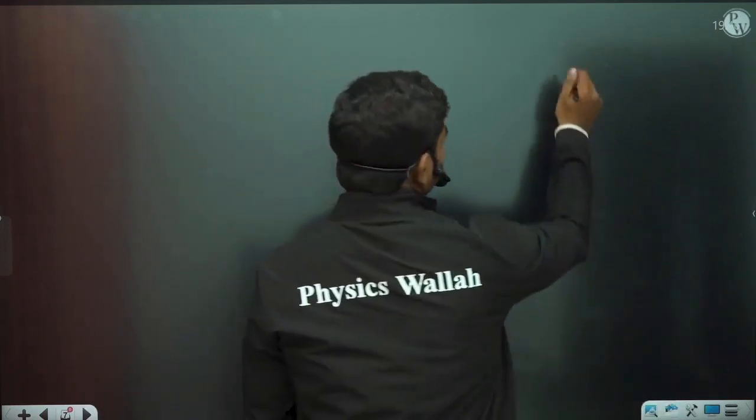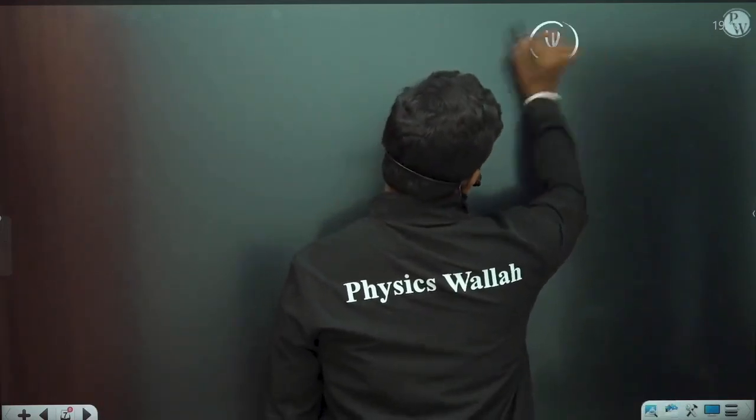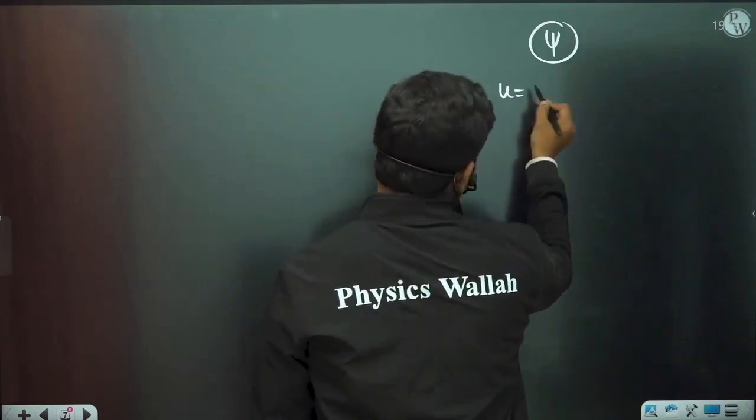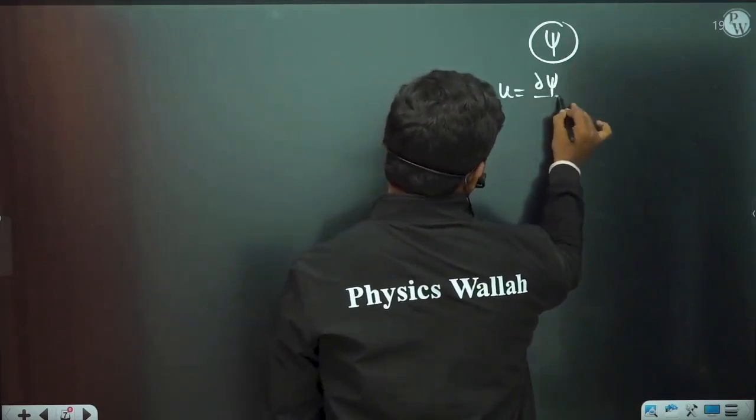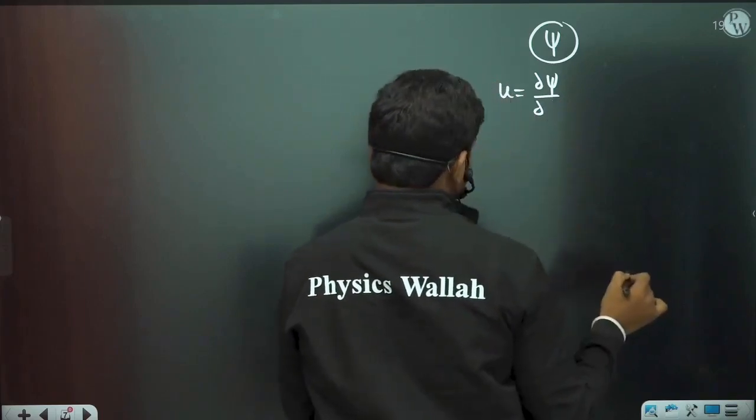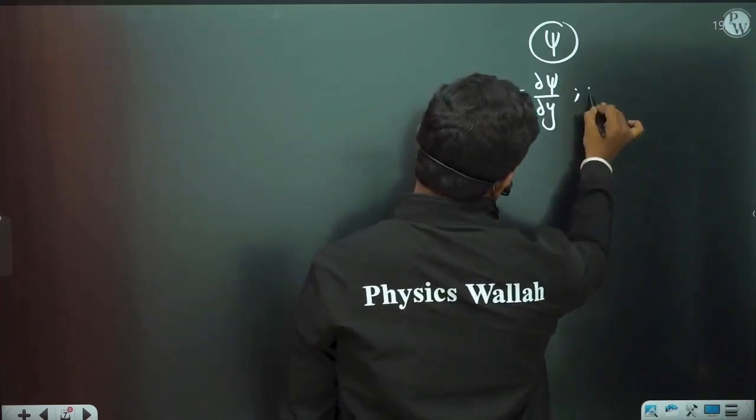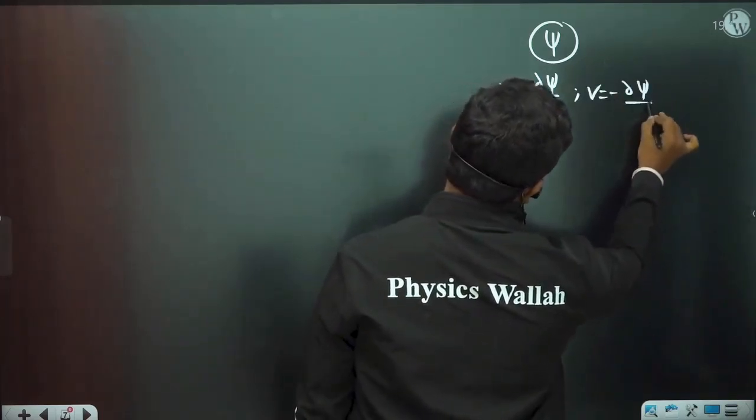Normally, there cannot be any flow across the streamlines. Correct? But if there is a stream function, then you know u is equal to dou psi by dou y, and v is equal to minus dou psi by dou x.